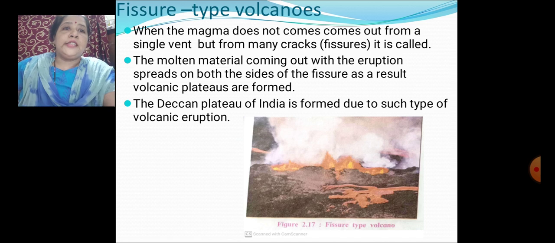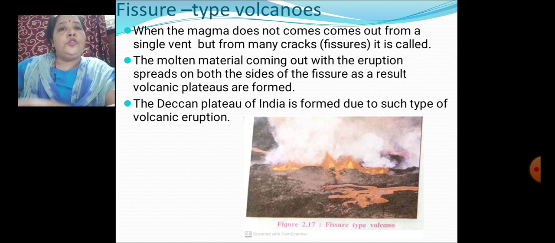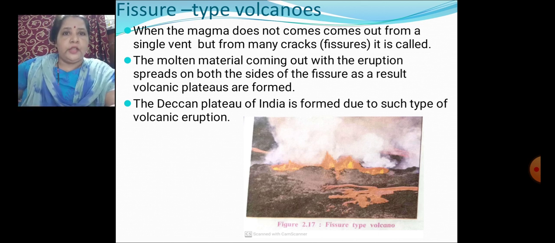Now, the next type of volcano is the fissure type. Here the magma does not come out through a pipe-like vent, but through many cracks or fissures. When there are many cracks in the ground and magma starts coming out from them, that is called a fissure type of volcano.